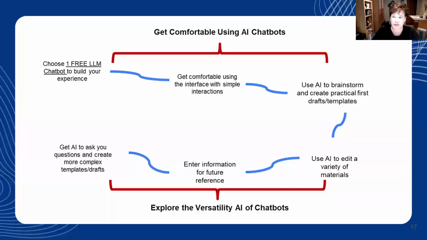And this is where we'll start, where we started today, talking about those and picking that first one, getting that comfort level to just start to play in the space, then starting to use it more specifically for your applications. Again, that brainstorming, drafts, those kinds of things, then how we can use it to best edit.